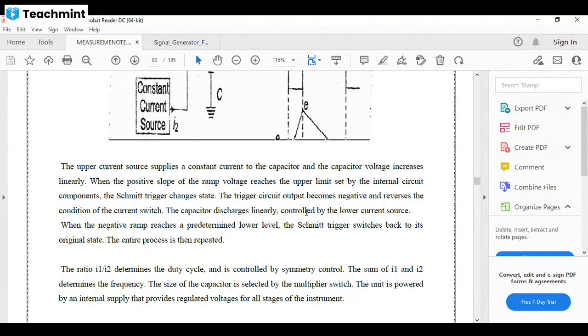Previously the upper current source was used, now it is the lower current source. So the capacitor discharges linearly, controlled by the lower current source.